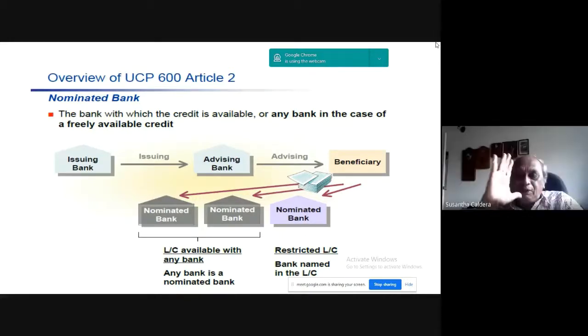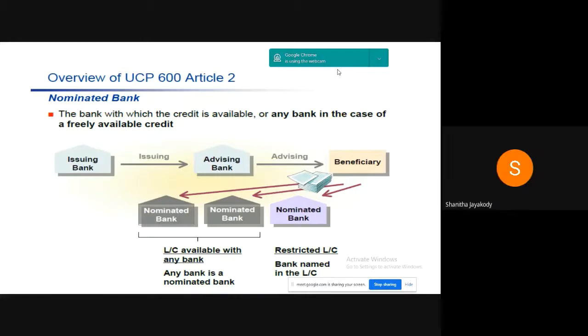Now, Sampath Bank has received the LC and advised the LC to the beneficiary. When they advise the LC, what is the first step they check? Whether this LC is an authenticated one or not.